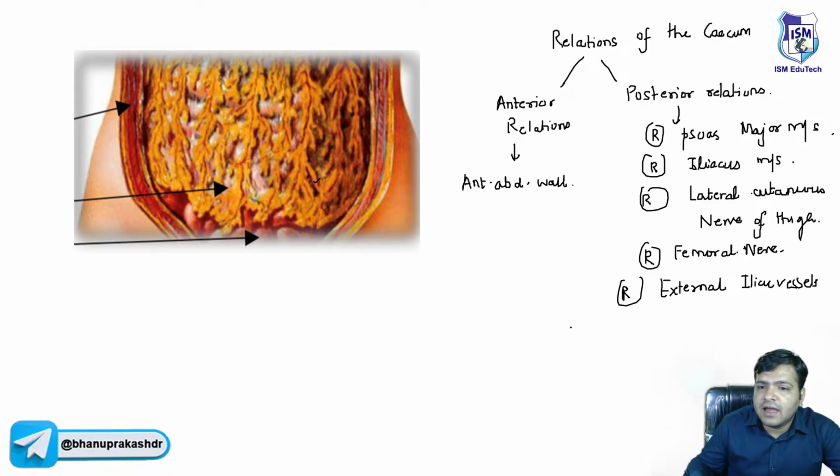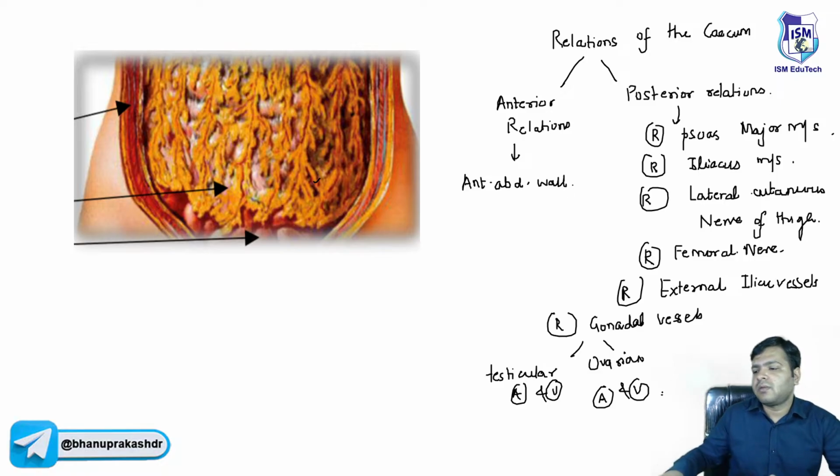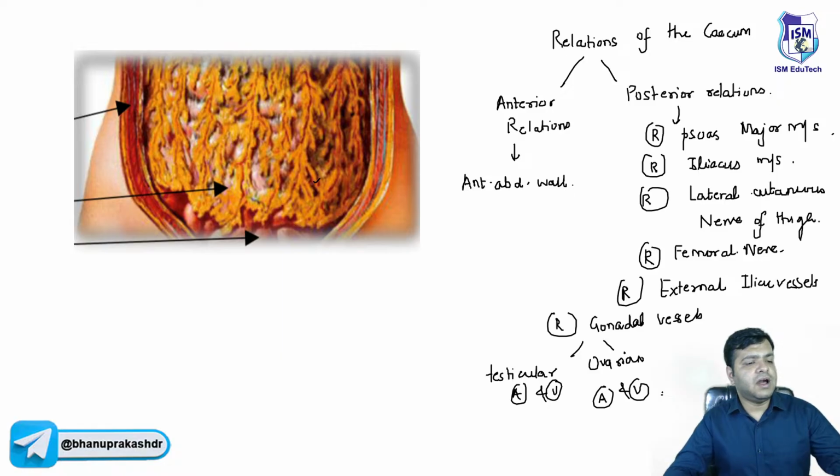And remember, beta, we have the right gonadal vessels. When I say gonadal vessels, in males it is the testicular artery and vein, and we have the ovarian artery and vein in females.